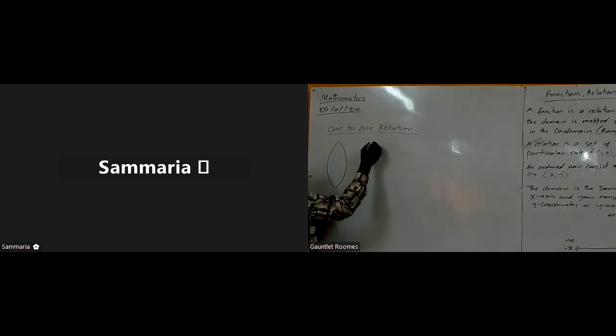You'll see diagrams like these on the charts. Your domain, your range. The domain is the same as your x-axis, range is the same as your y-axis.